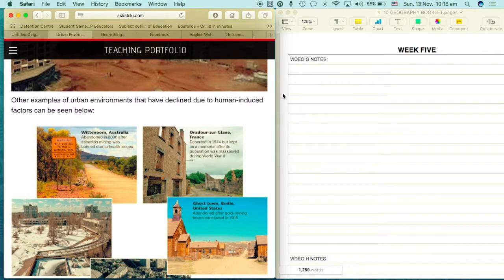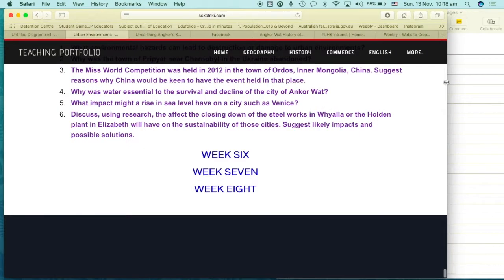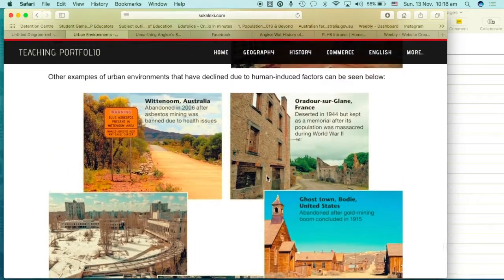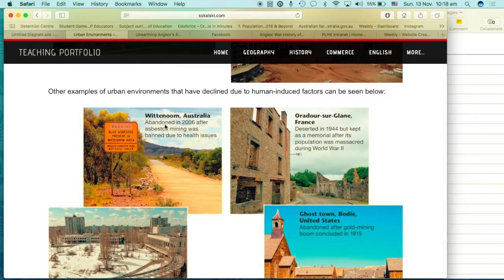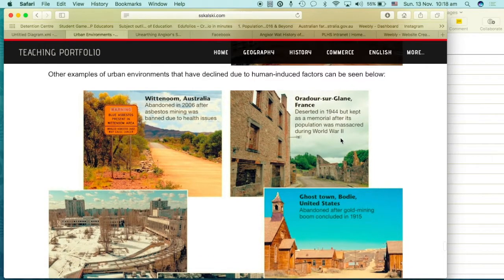Now, some other examples, I'll just expand this page so we can zoom in a little bit more on them. We have Wittenoon in Australia. I'm not familiar with this place, but it was abandoned in 2006 after asbestos mining was banned due to health issues. We have this place in France, which was deserted in 1944, but kept as a memorial after its population was massacred during World War II.